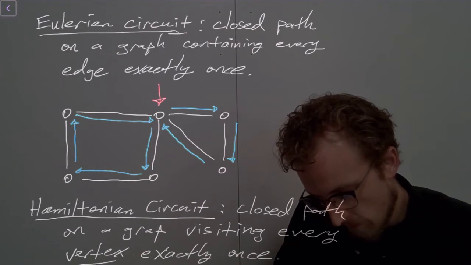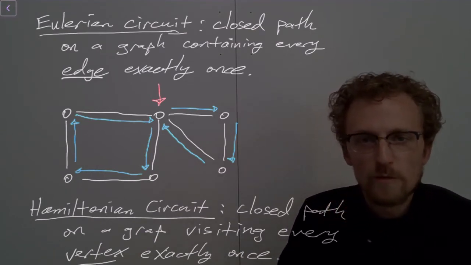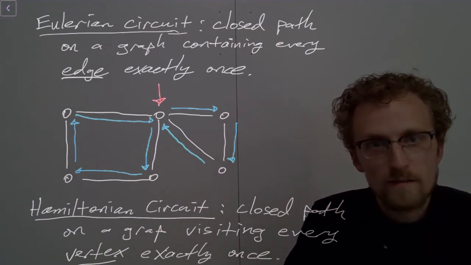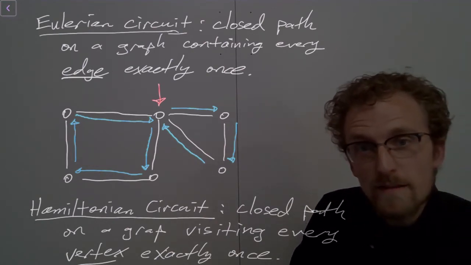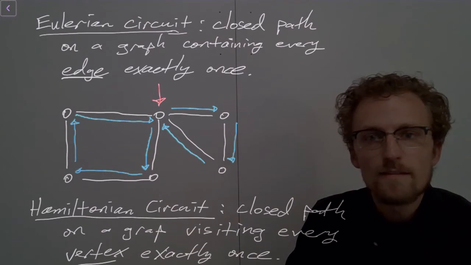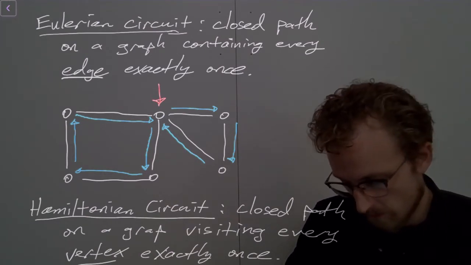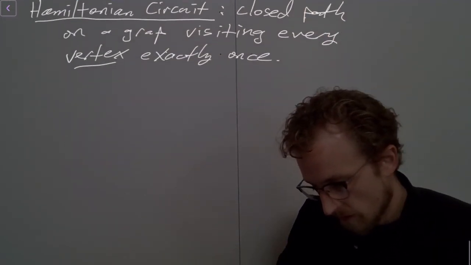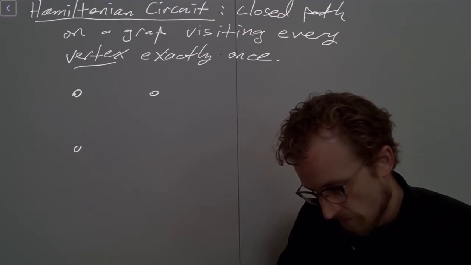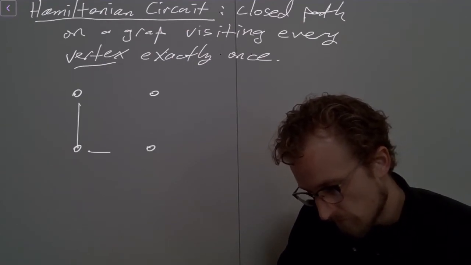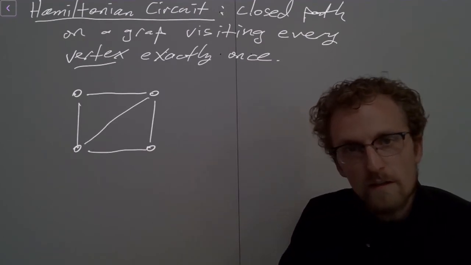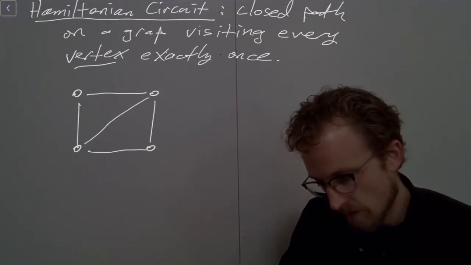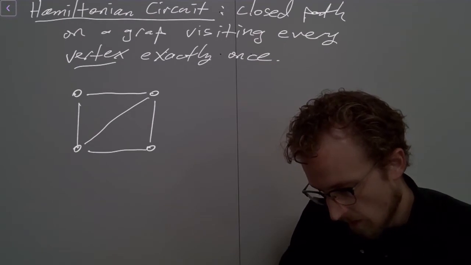So the Eulerian circuit visits every edge exactly once. The Hamiltonian circuit visits every vertex exactly once. So here's an example now of a graph that has a Hamiltonian circuit but does not have an Eulerian circuit. Here's an example of a graph on 4 nodes that does have a Hamiltonian circuit, and here's the Hamiltonian circuit.